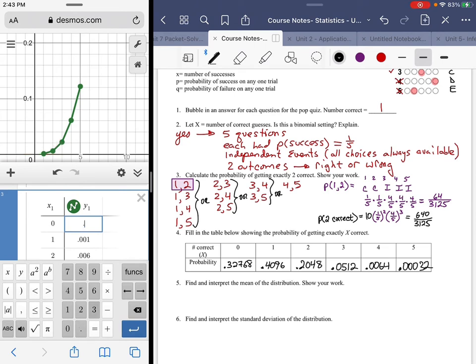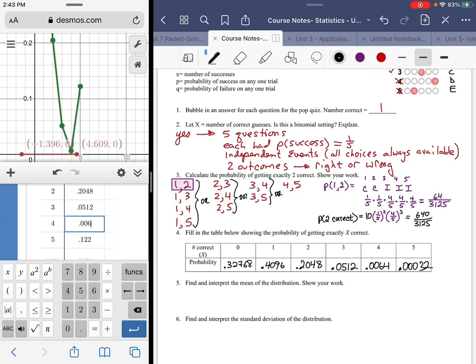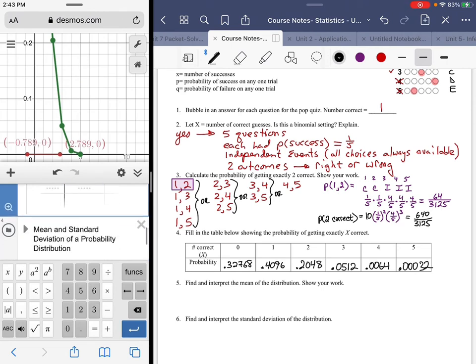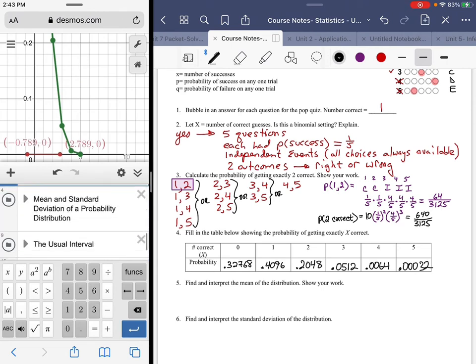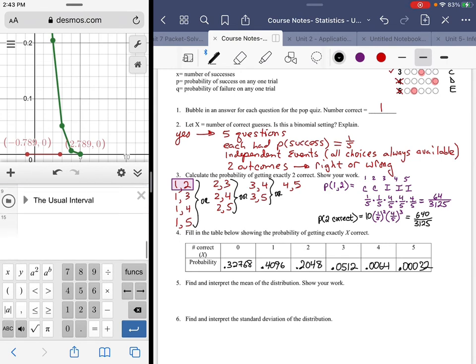So the first entry would be 0.32768, then 0.4096, 0.2048, 0.0512, 0.0064, and 0.00032.